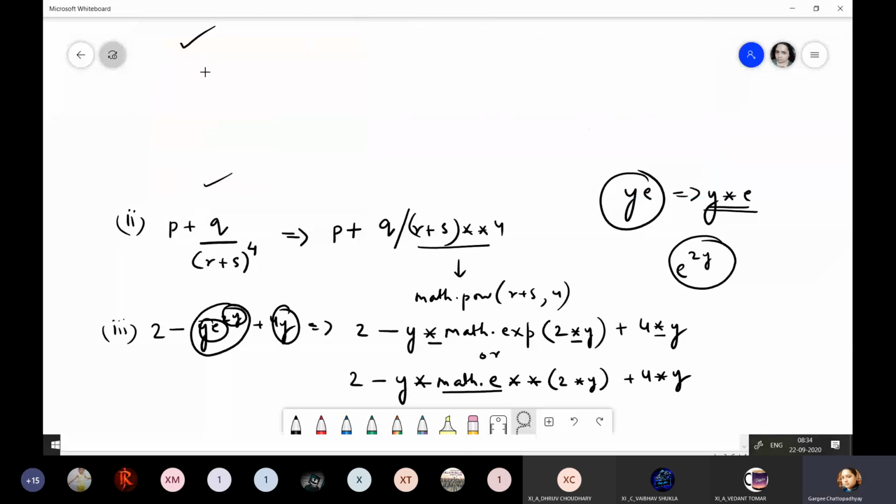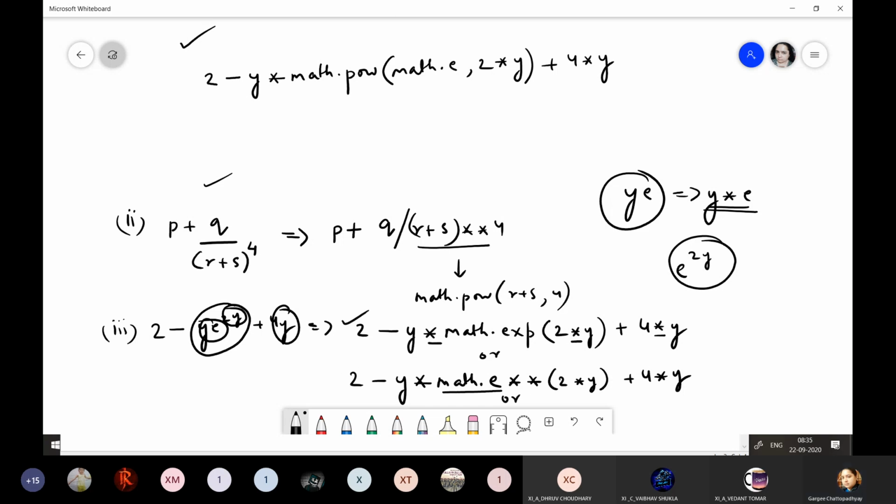So this same thing I can write as y into, now I'll write math dot pow, okay, then math dot e, comma, 2 into y plus 4 into y. So you can see three alternative methods. One is this, and one is this one.